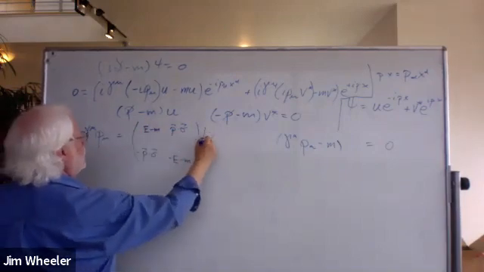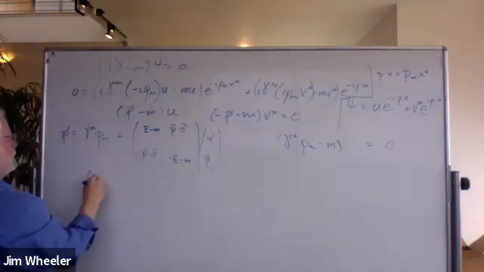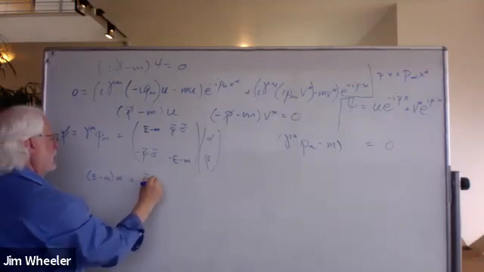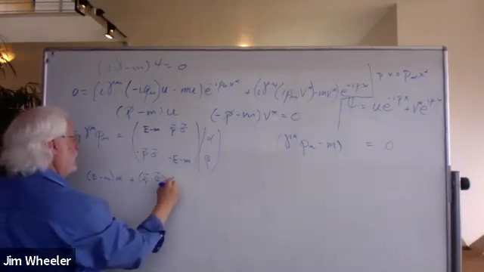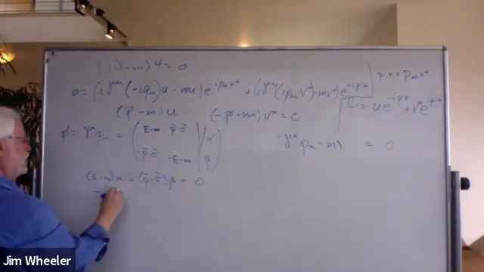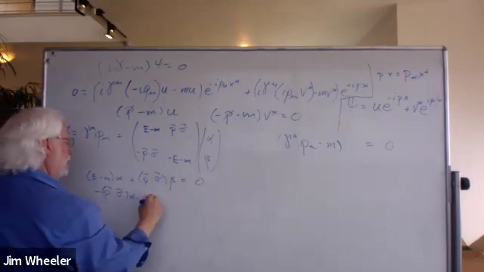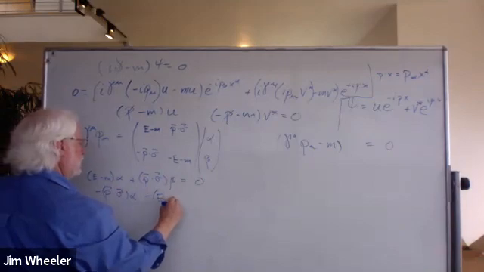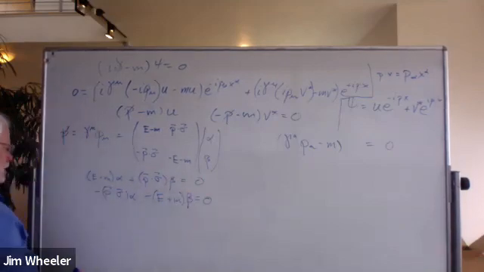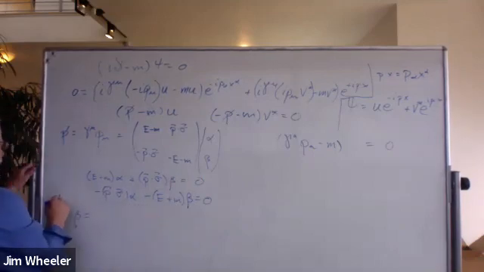And then we wrote U as an alpha beta thing. And so we had E minus M alpha plus P dot sigma beta equals 0. And we have minus P dot sigma on alpha minus E plus M beta equals 0. So we solved the second equation for E greater than 0.